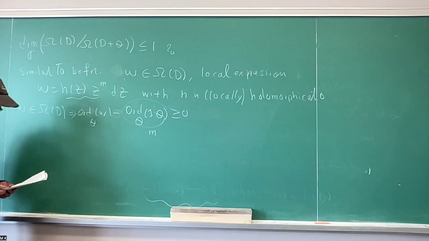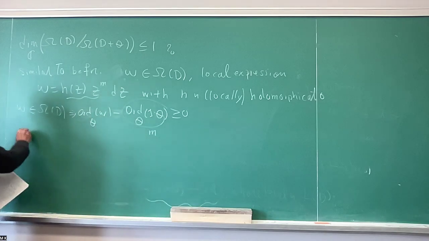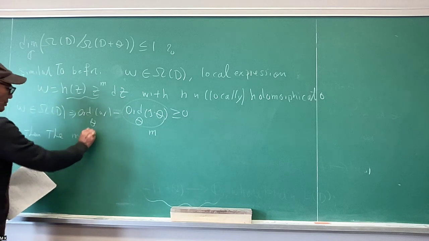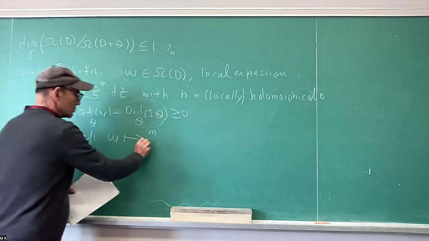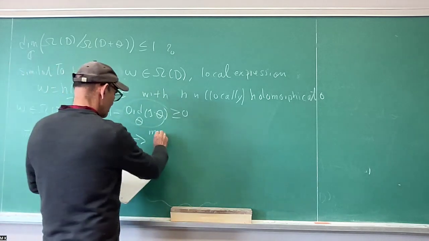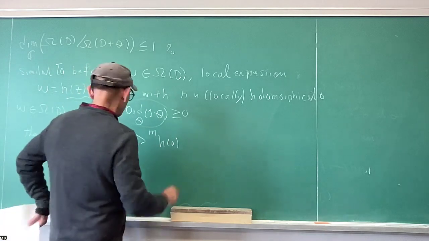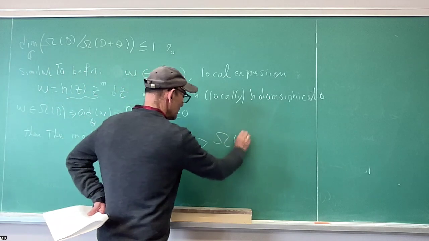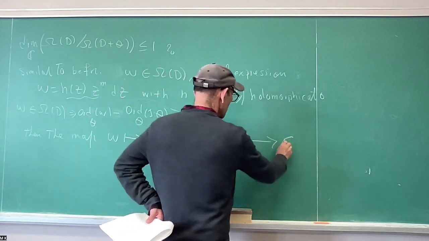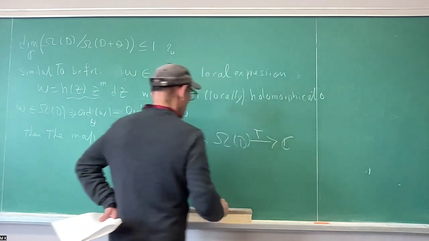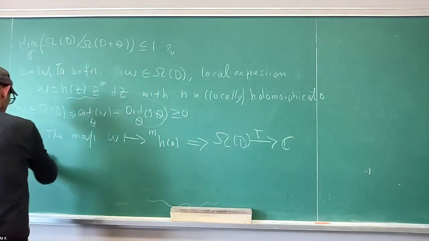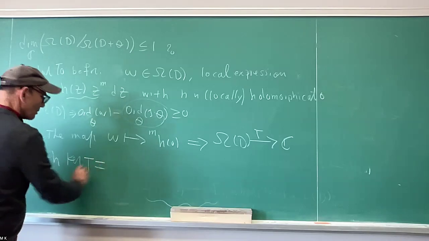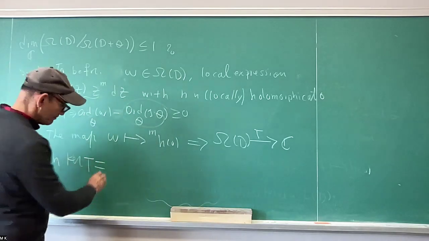Good. So then the map, which is completely dual to that, omega goes to h of 0, defines a linear map from omega of d to C, like t, whose kernel equals omega of d plus q.